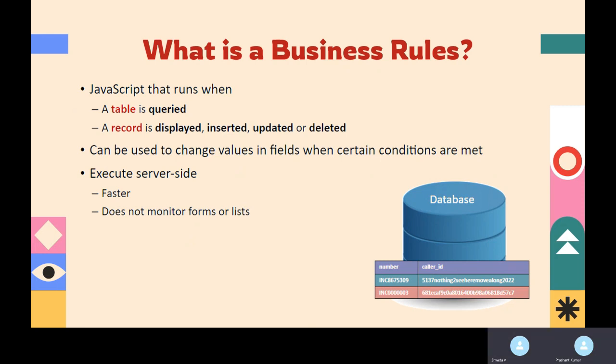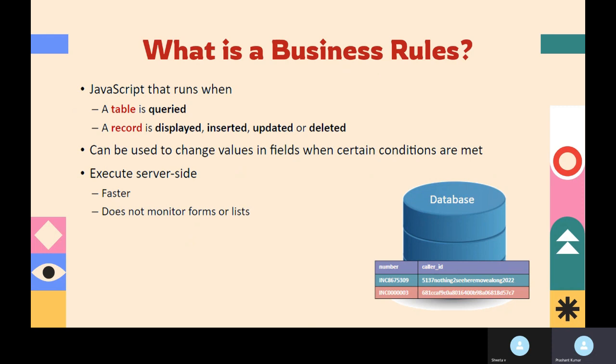Because if we are querying a table and it is taking a huge amount of time because our lines of code are huge, or we are calling four or five GlideRecords, or fetching records from multiple tables, there is a chance your business rule might be running very slowly.